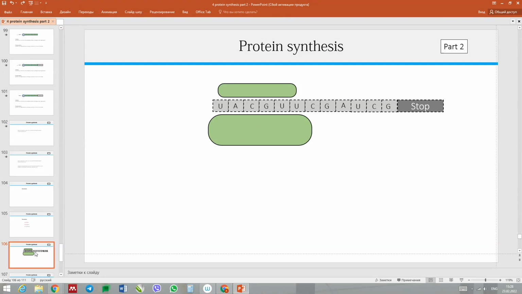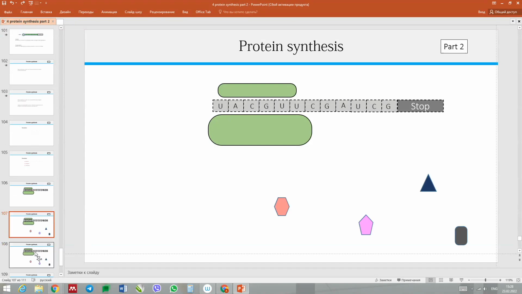Okay, what else do we need to construct a protein? We have information, we have a kind of production unit that will be used to construct a protein. We additionally need building blocks, which are represented by amino acids.